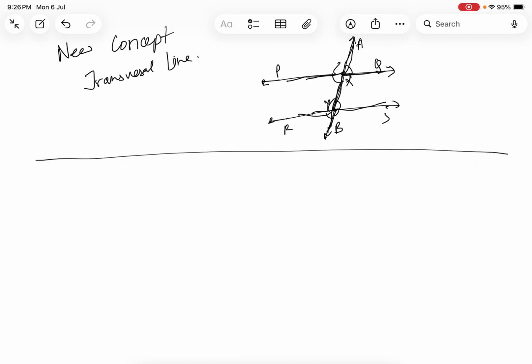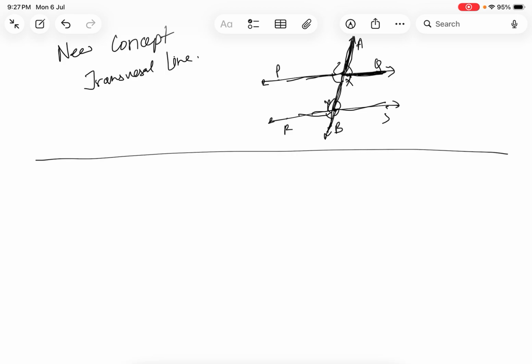Now, depending upon how each ray is placed, the angles are classified into different types. If you see, each angle has one ray that lies on the transversal and another ray that lies on one of the other lines. Depending upon how these rays are, you can classify them into different pairs of angles.